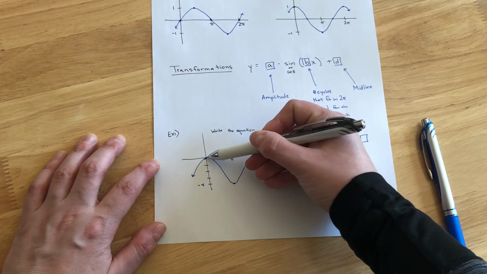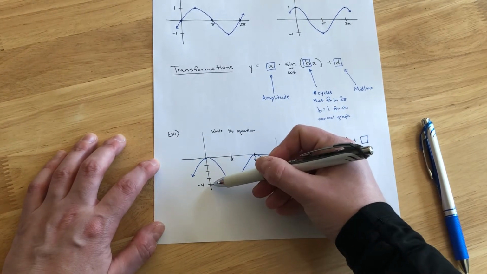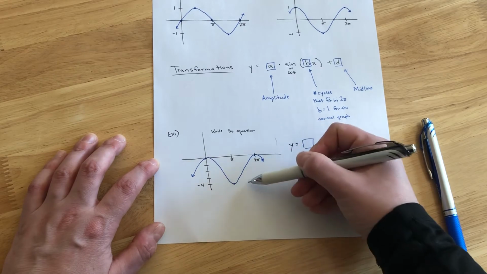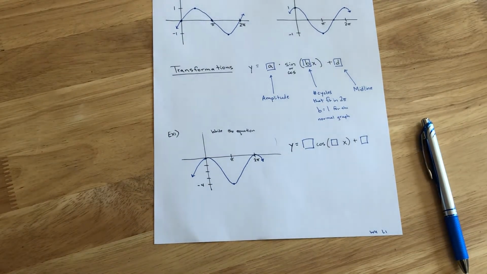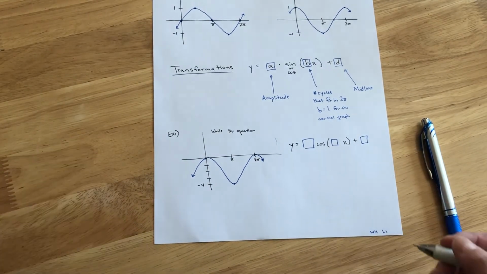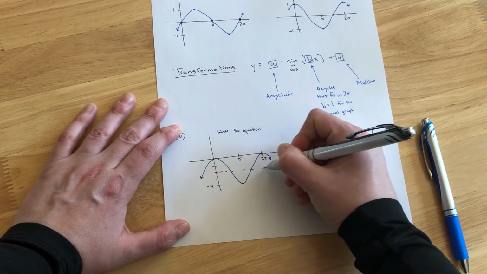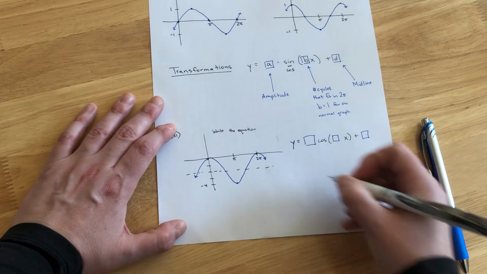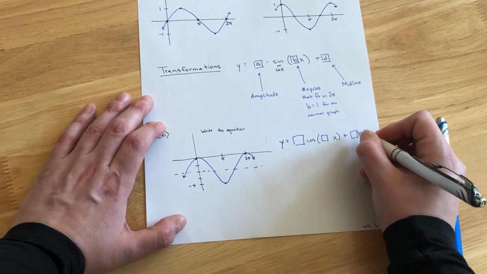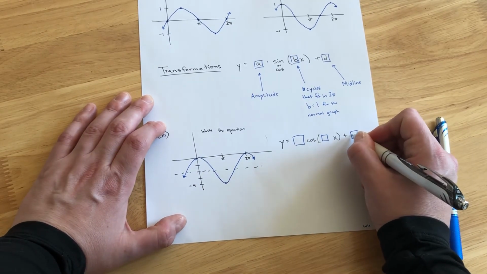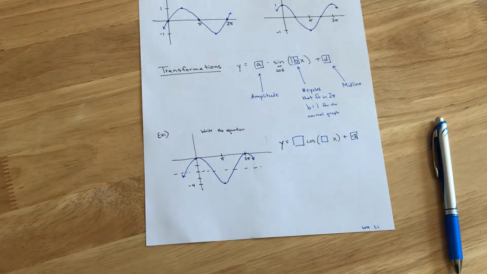So our highest point is 0, the lowest point appears to be -4, and so what's the average? 0 plus -4 divided by 2 is -2. -2 is the midline. So what does that mean for our equation? The d parameter is -2. So that's what we would fill in or put in on Delta Math.